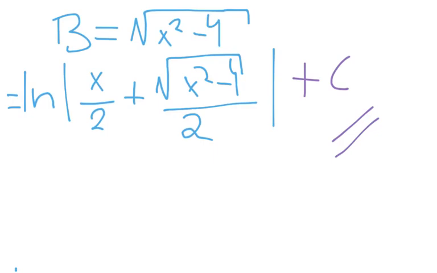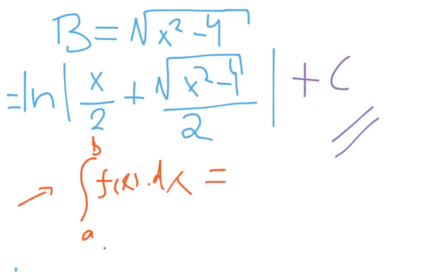Otherwise, if it's a definite integral, which we will do next time, of course you don't include c because you just use the fundamental theorem of calculus, which we will cover next time. So don't forget, if you've got an a, a b, and then you've got f of x dx, which is a definite integral, you don't need to include your c in your final answer.